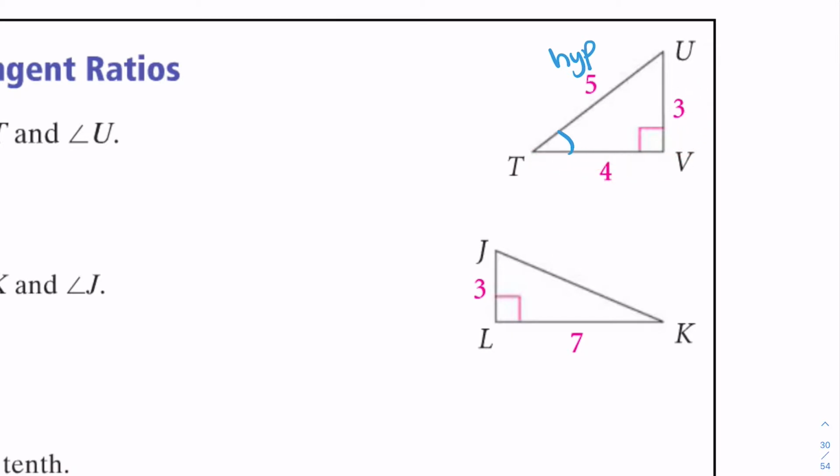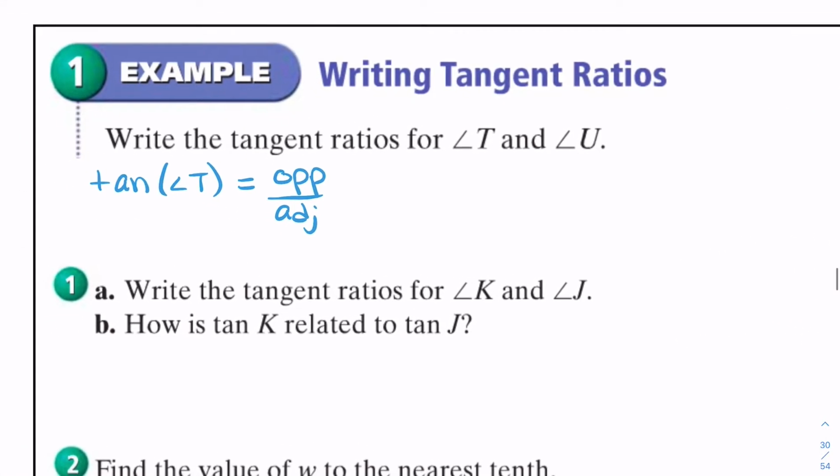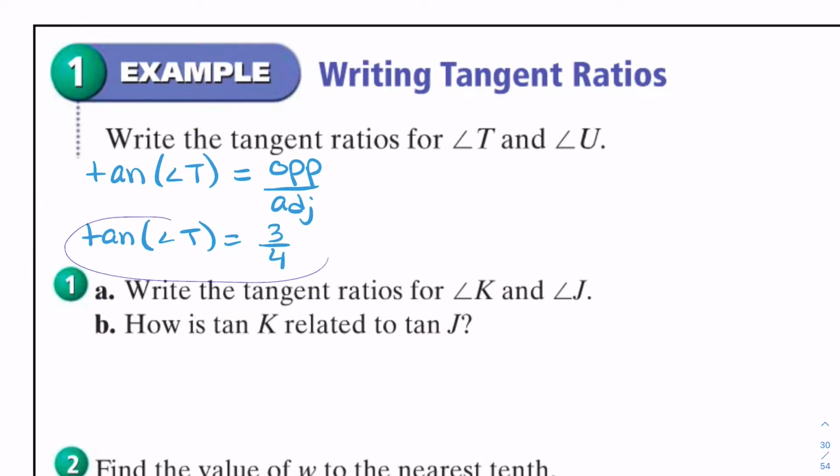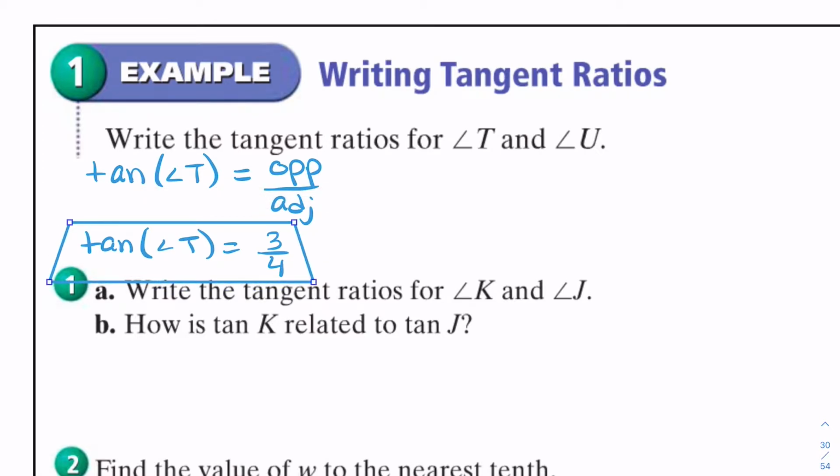This is the other adjacent side, not called the hypotenuse but instead called the adjacent. And then we have our opposite. Look how far away that is and how close this one is. So the tangent of angle T equals 3 over 4. And that's it. All it wants you to find is your ratio. So tangent of angle T equals 3 over 4.